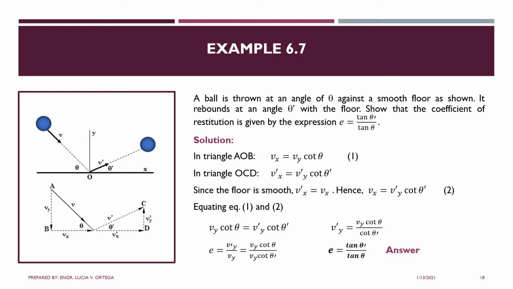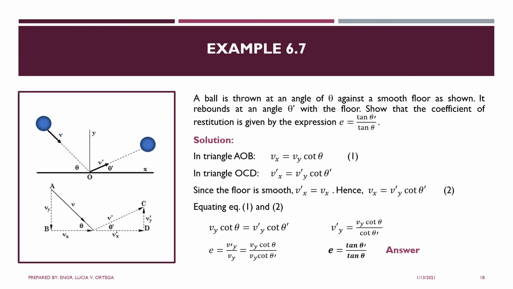So what is B sub y prime? B sub y prime is B sub y cotangent theta over cotangent theta prime, divided by B sub y. So we can cancel B sub y. Cotangent theta is 1 over tangent theta, and 1 over cotangent theta prime is tangent theta prime.